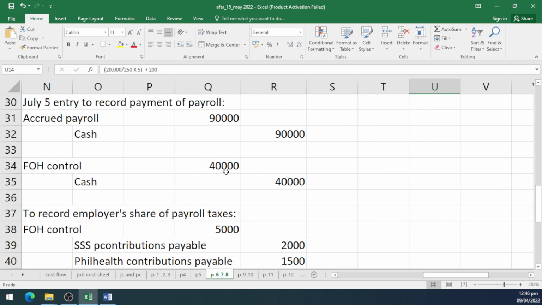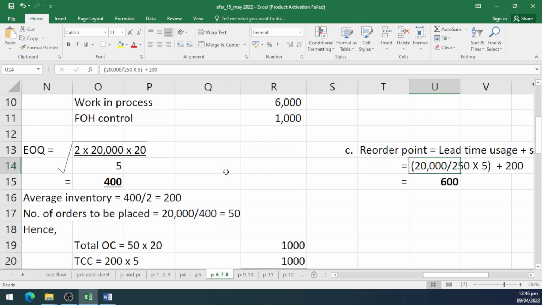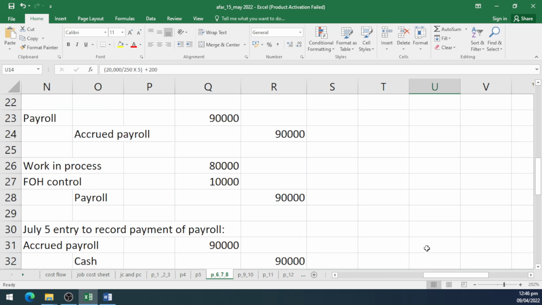So here are the entries, ladies and gentlemen. This is not difficult. Identifiable naman na dyan kung magkano ang payroll. Yung direct at indirect, 80 and 10. Assuming we disregard the salary deductions, kasi wala tayong data na binigay. But of course, pag binigay, ima-minus nyo dyan sa payroll para ma-credit nyo yung net sa accrued payroll or salaries and wages payable.